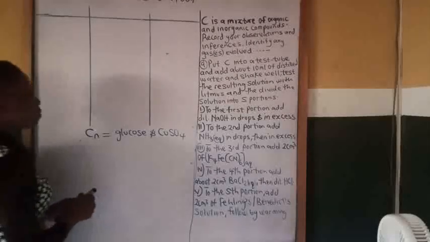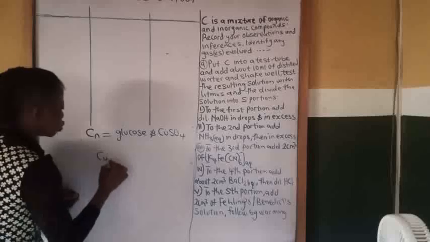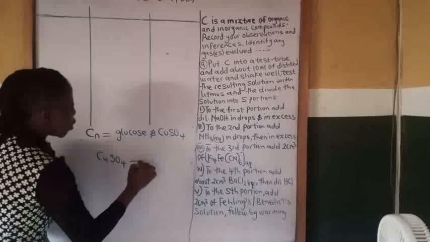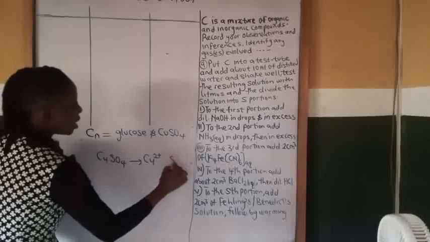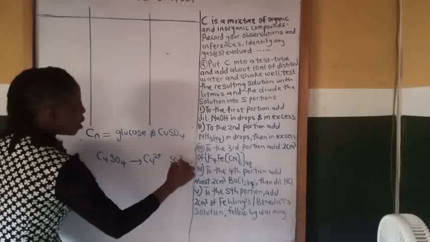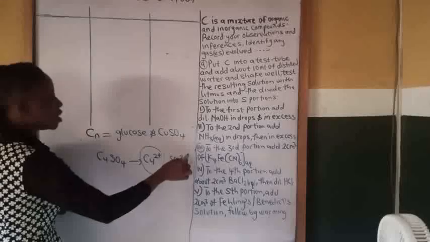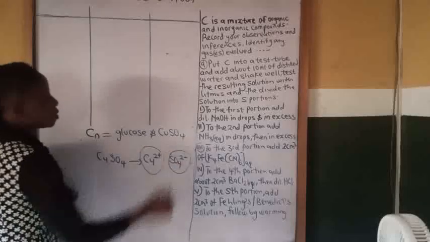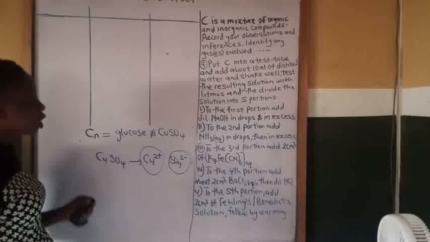Then what should we be expecting on copper sulfate? Copper sulfate, which is CuSO4, will decompose to copper ion and SO4 ion. So we should be expecting chemical tests on sulfate and copper.